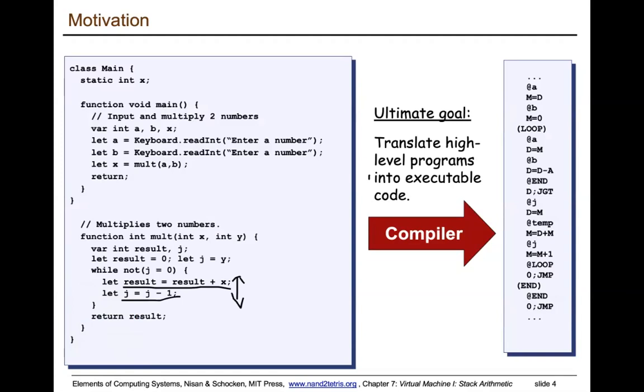So the compiler should first need to know how to analyze your arithmetic calculation, like result equals result plus x, like j equals j minus 1. And the second one, the compiler should be able to analyze this while loop. So not j equal to 0.